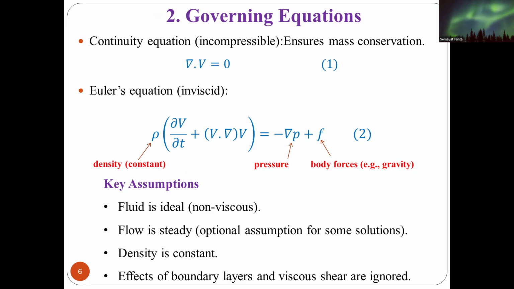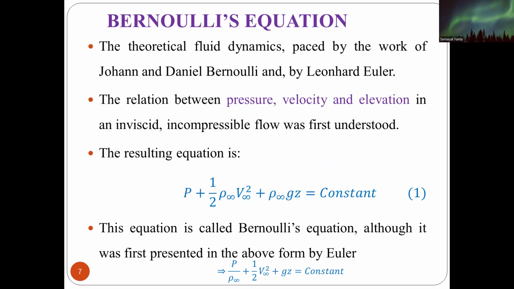That means incompressible. And the effects of boundary layers and viscous shears are ignored. So the viscous boundaries are not considered throughout the discussion. These are the key assumptions to be understood within the scope of this course.